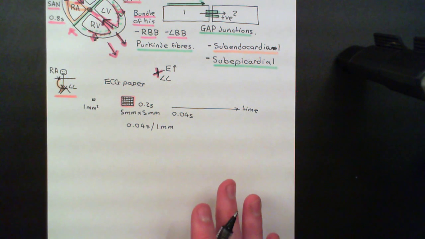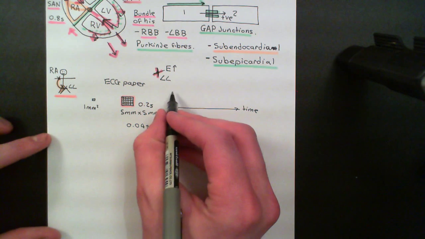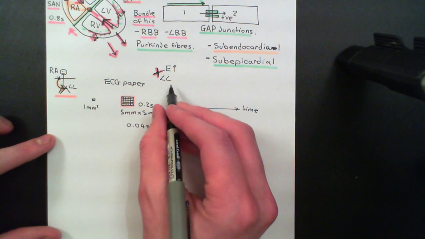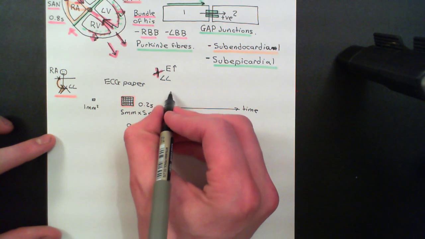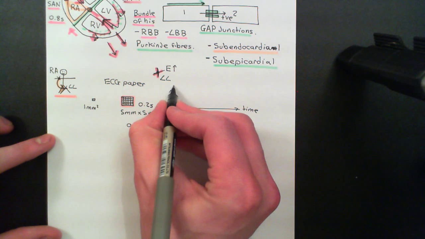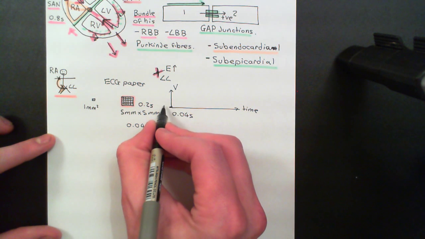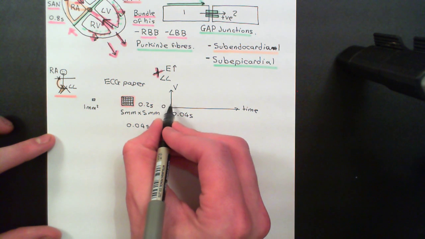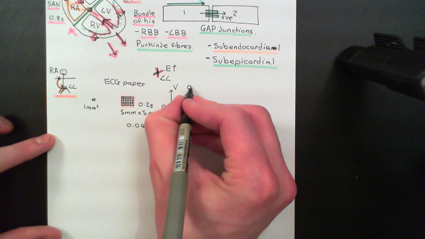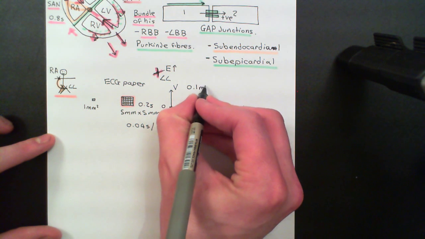Now let's do the units in the vertical. So we'll also have millimeter divisions up in the vertical, and of course vertical is going to represent our voltage. So here will obviously be a voltage of 0, but when we go up 1mm, how much will the voltage change? Well, that will change by 0.1 millivolts.